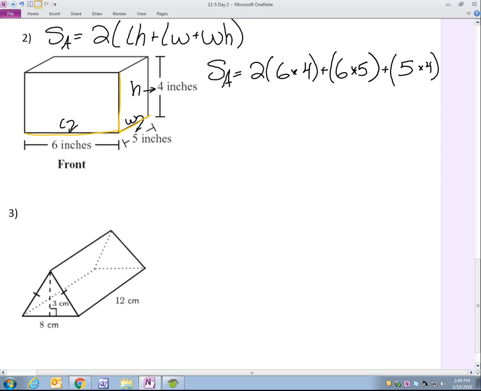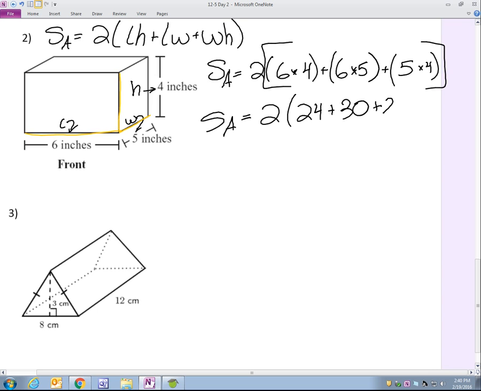And that's it. Here's a bracket. Got to take care of those first. Surface area is 2 times 24 plus 30 plus 20.